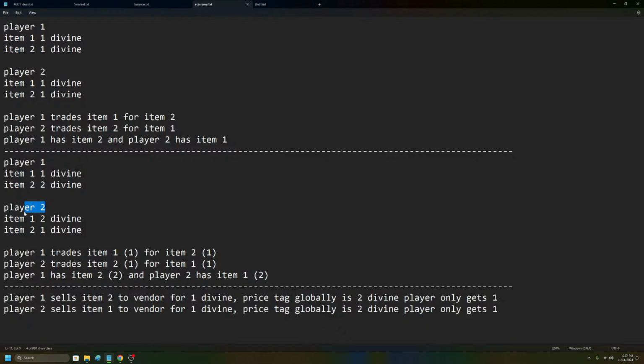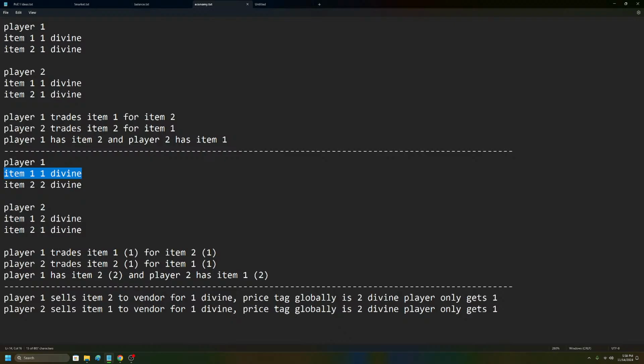And the way that player 2 sees that he can trade item 2 for 1 divine to player 1 is because the tag on item 1 is 1 divine.